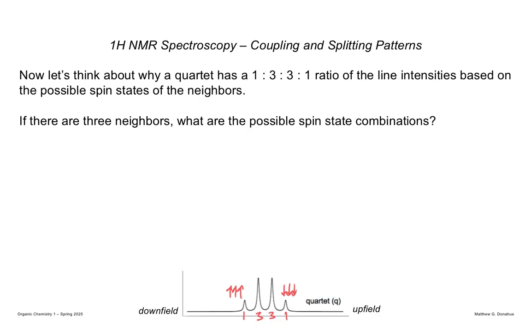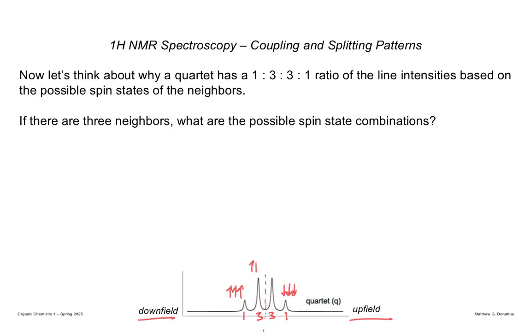And then you'll see for the two center lines, notice that in the middle, we still have to obey this downfield and upfield. So the taller line closer to the center there, that's downfield, we're going to have two of those spins going up.